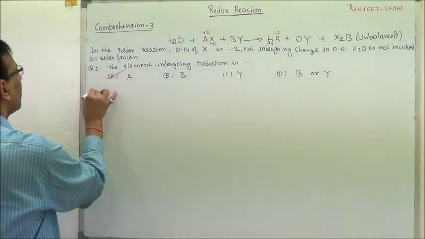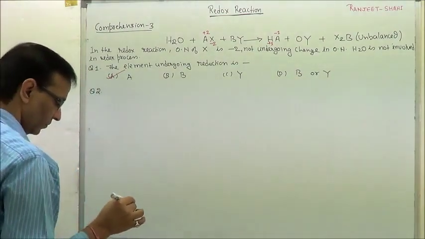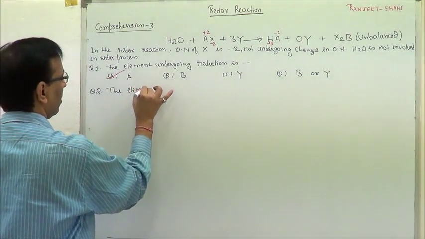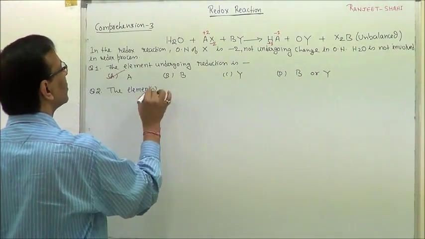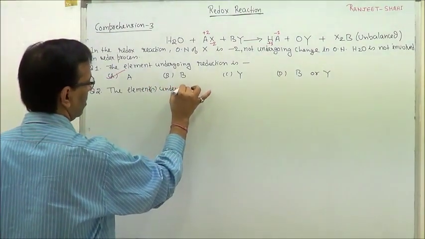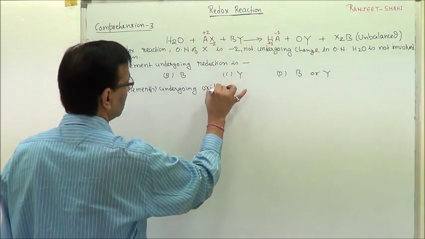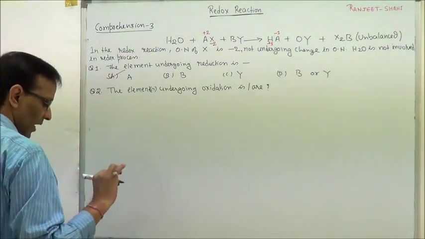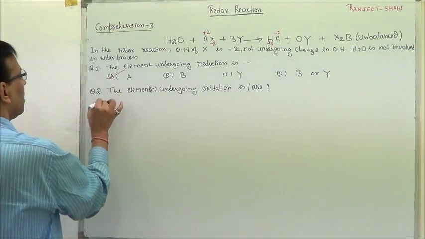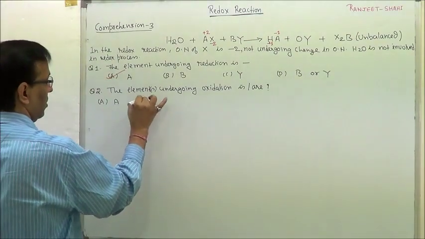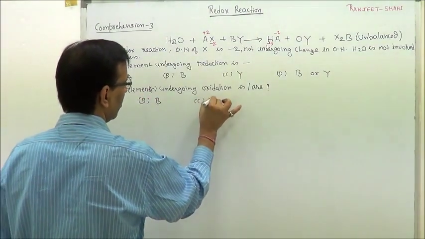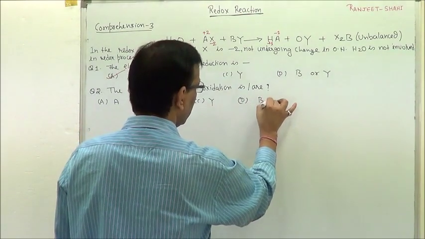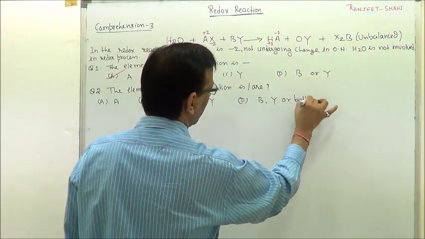The next question on this comprehension is, the elements undergoing oxidation is R, and the options are A, B, Y, B, Y or both.